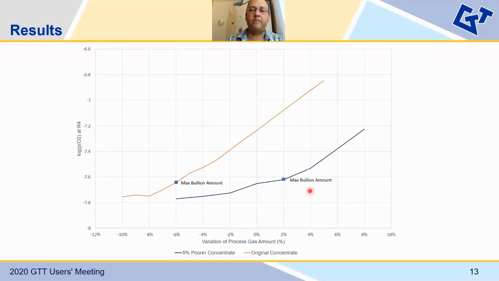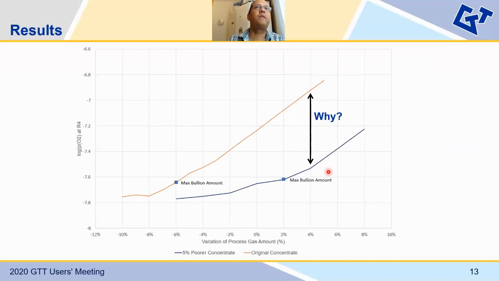But you also see, for instance, for a situation with 4% more processed gas, where basically you have no mat phase, that there is a gap between the two curves. And the question is, what is the reason for this gap?